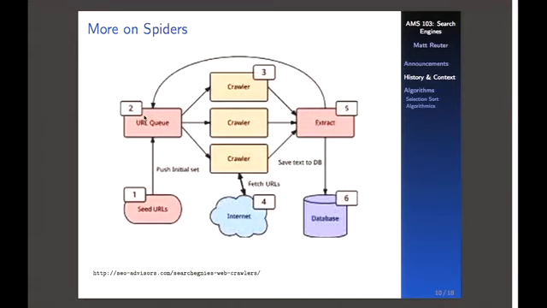So one other thing that our crawlers are going to look at every time they visit a web page is what things does that web page link to? And we're going to look and say, oh, well, have we seen that link? Is that something that's already in our database, which is to say, we've already looked at it? If it is, do we want to put it back in the URL queue? Generally speaking, no, although maybe we might. Why might we want to put it back in the URL queue?